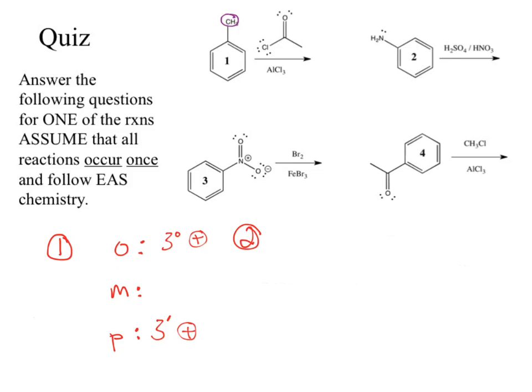So that's our purely back board. Our structure 2 drawings went through and gave us the ortho and the meta results. Right, do we notice anything interesting in that set? Okay, again, we're looking at our carbocations, our intermediates.